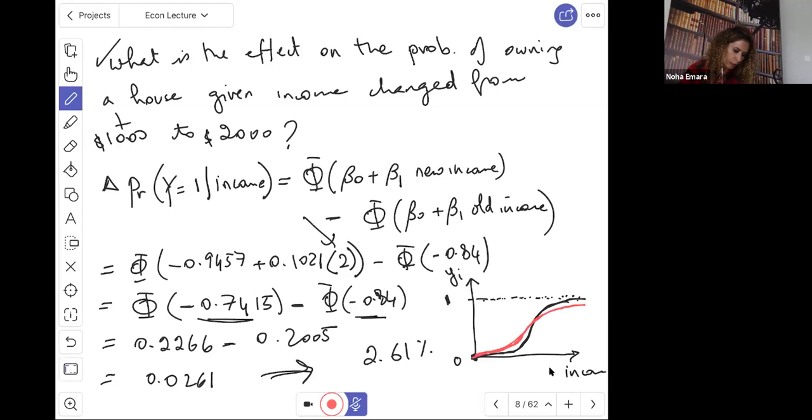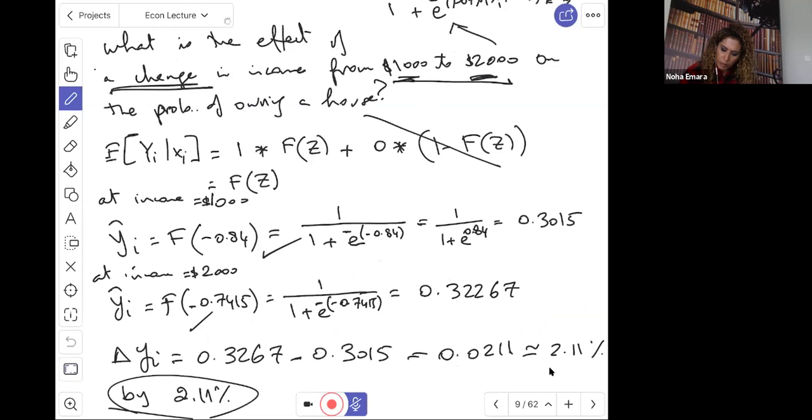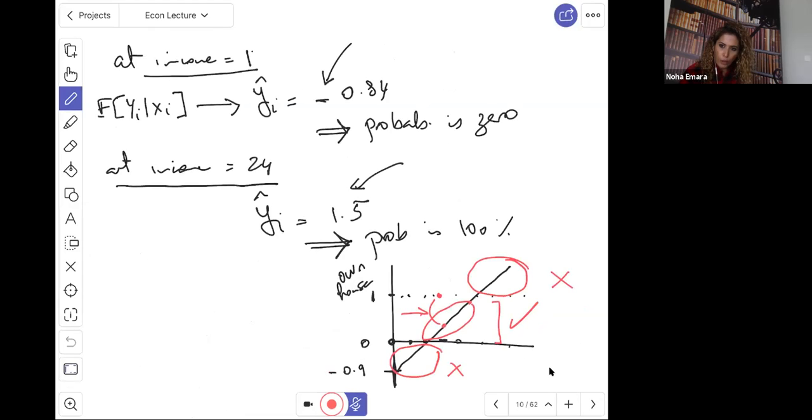Using any one of them is equivalent. It depends on your preference. If you're doing or reading a research paper that has a binary dependent variable, you can see the estimation as either a probit or logit. It depends on the author's preference.